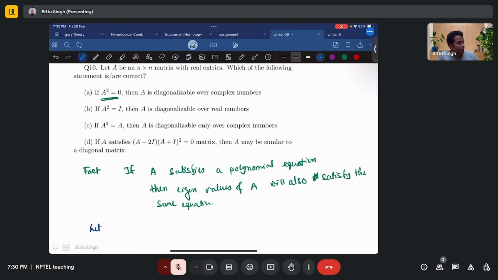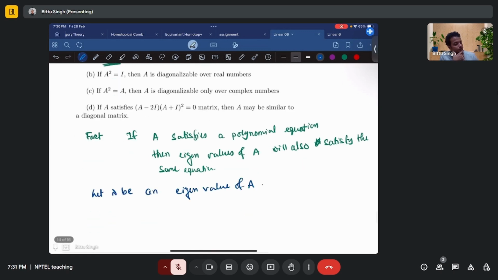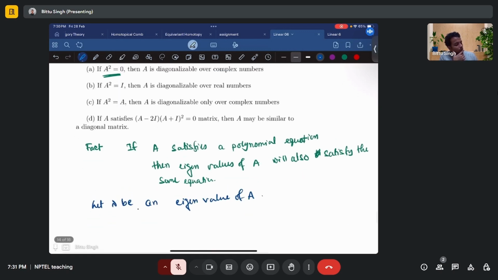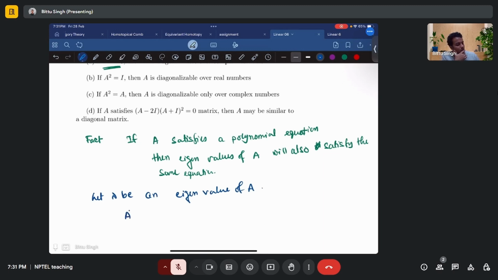So let lambda be an eigenvalue of A, and V be an eigenvector corresponding to lambda.